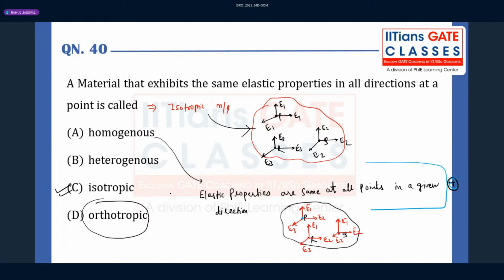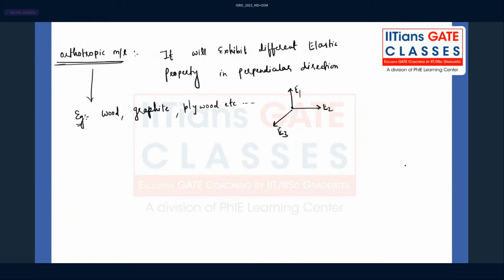Basically in industries, whatever material they use, we assume that it is a homogeneous and isotropic material. Heterogeneous means made up of two different kinds of material. That's a very different scenario. We will not talk about that.